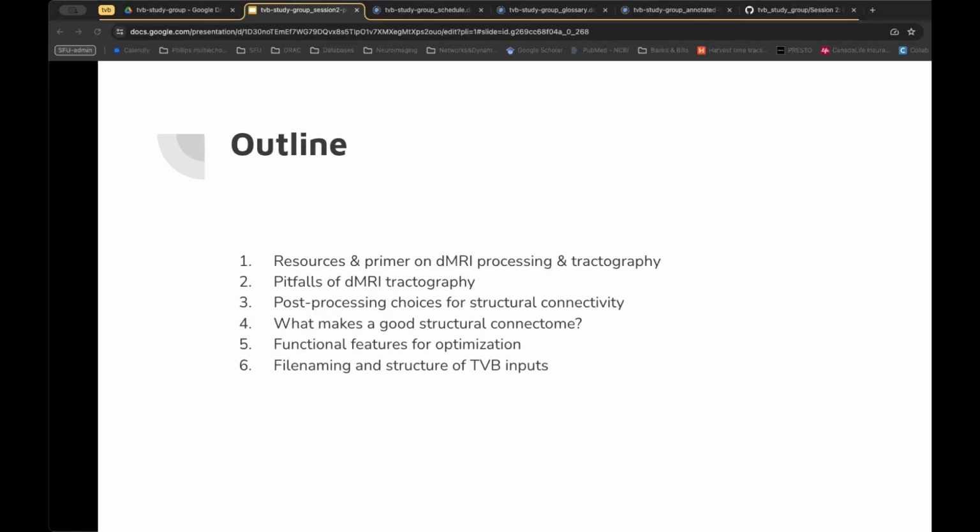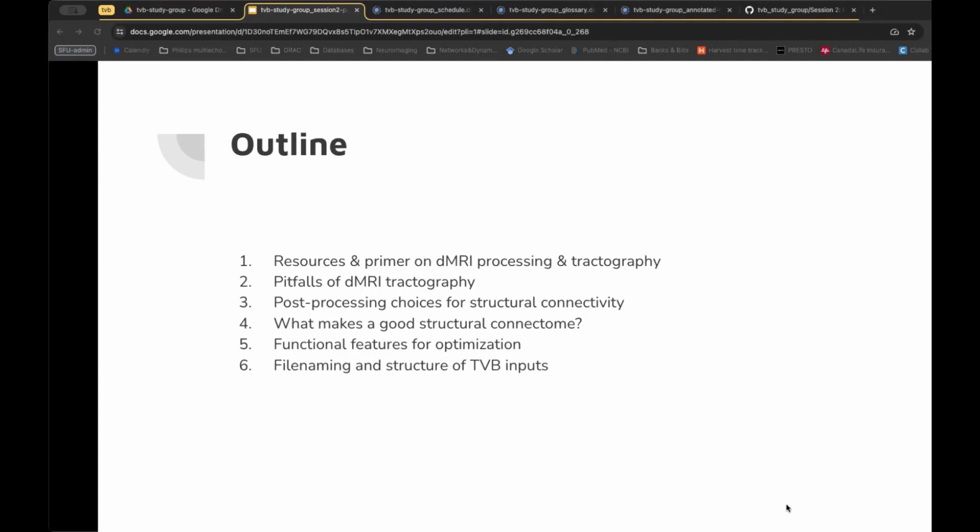So the outline for today is we'll do a quick primer on both diffusion processing and tractography, talk a bit about the pitfalls of diffusion tractography and how that may play into your choices for post-processing of those structural connectivity matrices. I'll let Justin and Leanne take over to talk about what makes a good structural connectome.